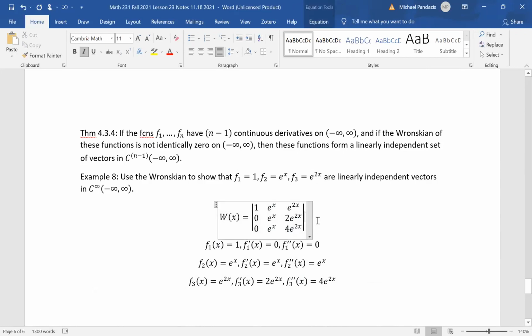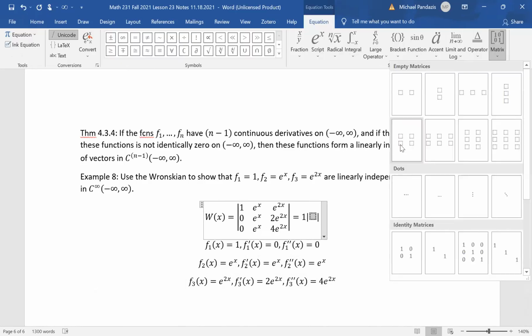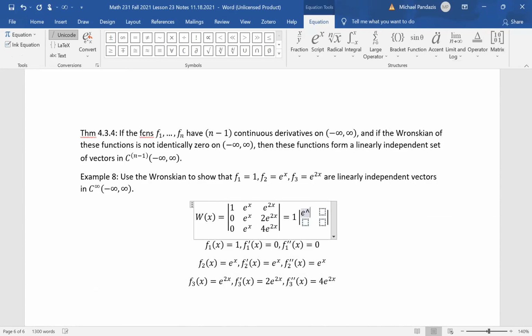Now, if you compute the determinant of this matrix by cofactor expansion along the first column, there's only one non-zero entry, and it's 1. So this is equal to 1 times the determinant of the submatrix with rows e to the x, 2e to the 2x and e to the x, 4e to the 2x.